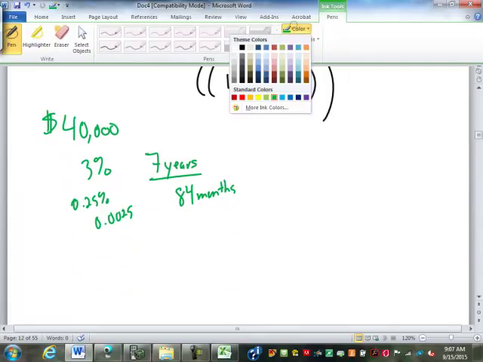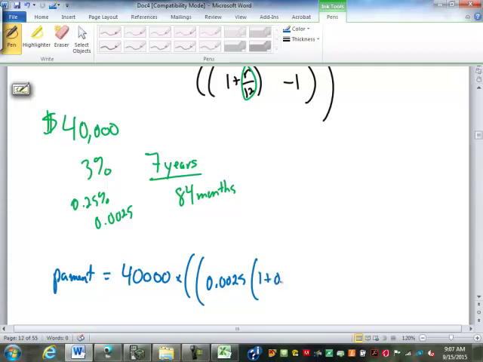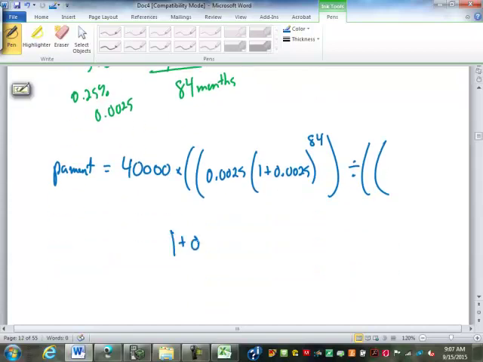So for my formula, my monthly payment is going to be my 40,000 times 0.0025 times 1 plus 0.0025, close my parentheses, to the power of 84, divided by 1 plus 0.0025 to the power of 84 minus 1.